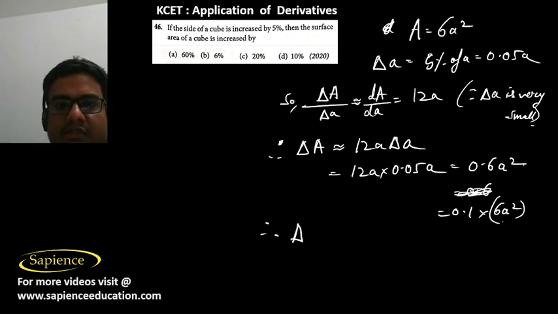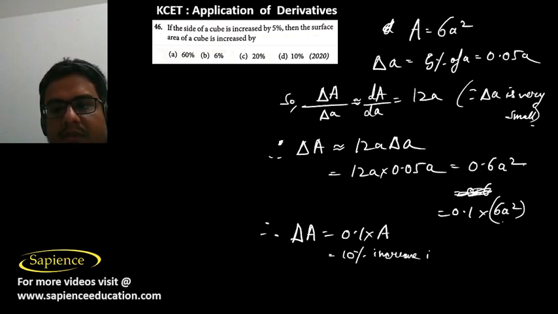So the change in the area is 0.1 times the initial area, which means there is a 10% increase in area. So option D is the correct answer.